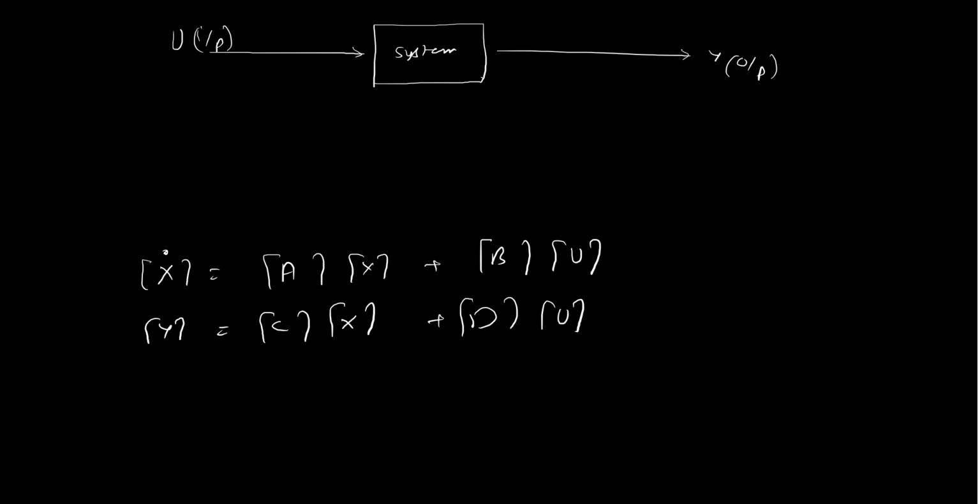So what is the order of this? Firstly we need to arrange these in vector form, in an order. So how will we do this?